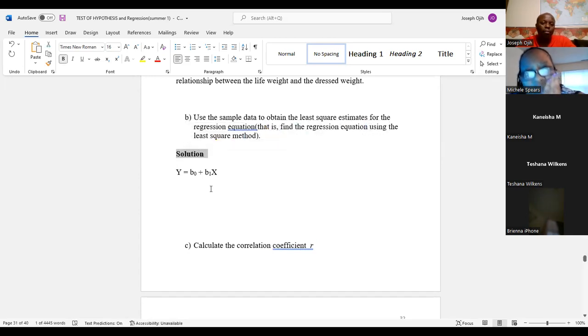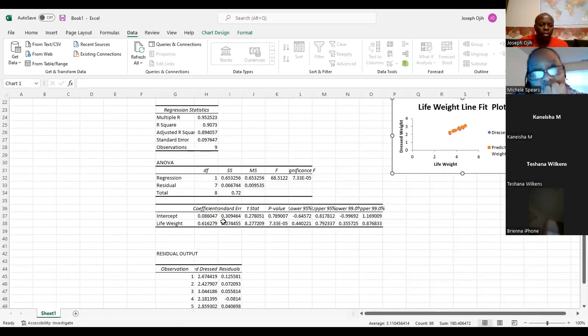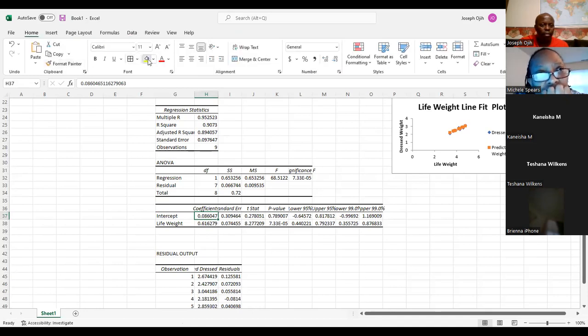So we can get those from the result in Excel. Let's start with b0. If you go to Excel, there are two ways you can get it. Like I said, this is our b0 right here. I'll highlight it.